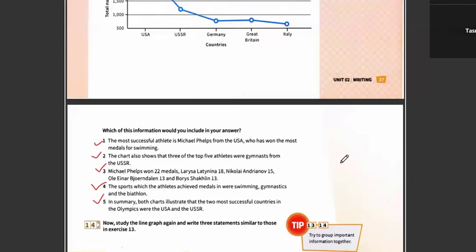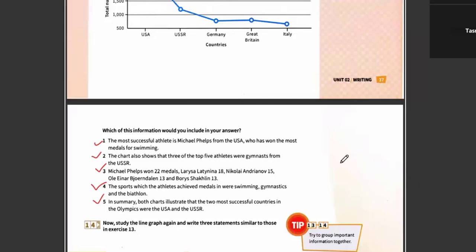Number four, the sports in which the athletes achieved medals were swimming, gymnastics, and biathlon. And number five is, in summary, both charts illustrate that the two most successful countries in the Olympics were the USA and the USSR. So which information would you include in your answer?